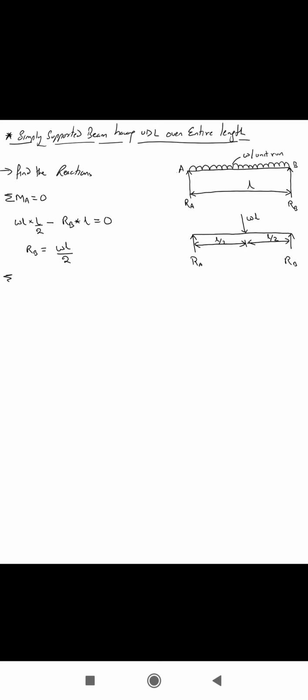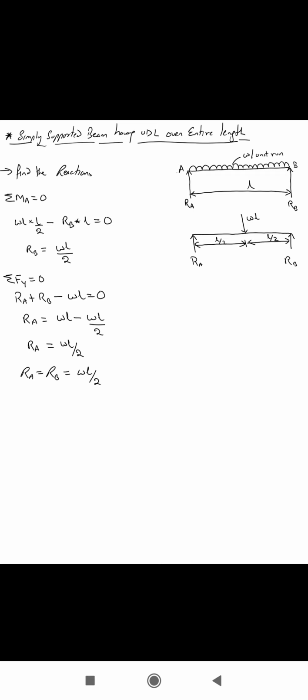Now from the second equilibrium condition, sum of all the forces in the vertical is equal to 0. I know that RA plus RB minus WL is equal to 0, or RA is equal to WL minus WL by 2. So I get WL by 2 again from here.